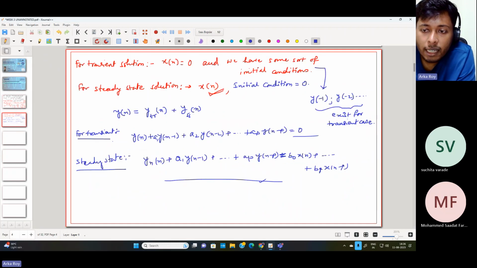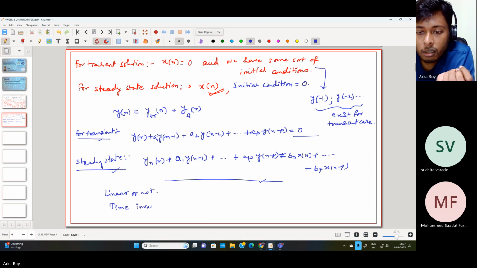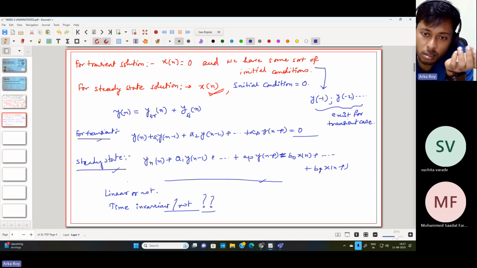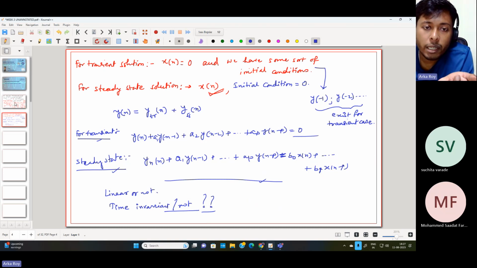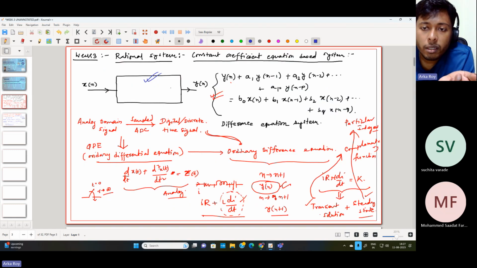For that, for the transient solution and steady state solution, we have to see whether the transient part or the steady state part are linear or not, and time invariant or not. So we need to address these questions, so that we are able to answer what is inside this particular box.